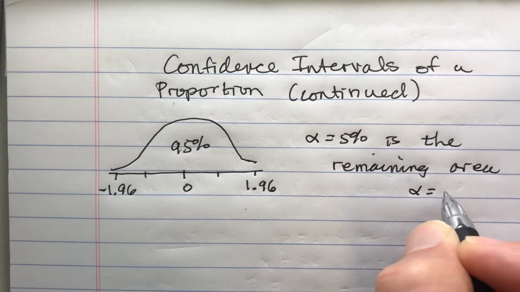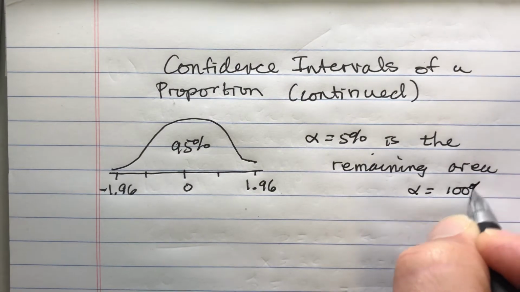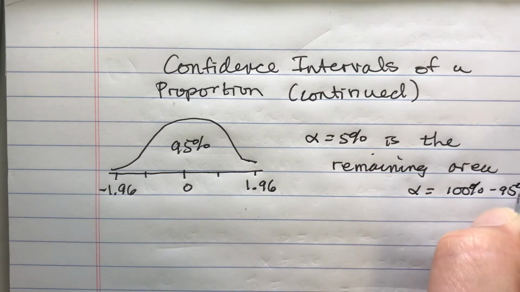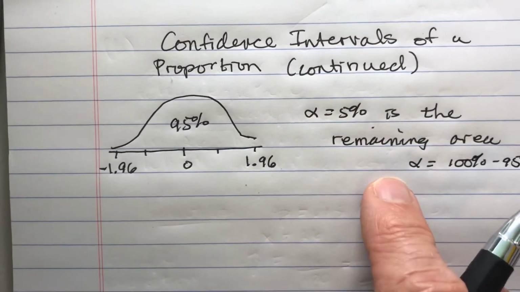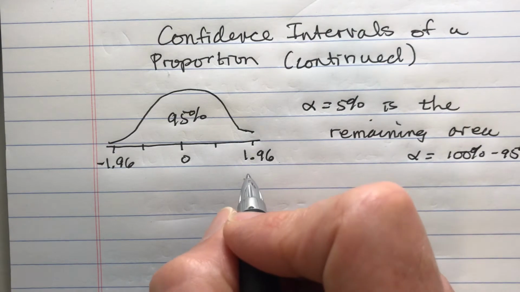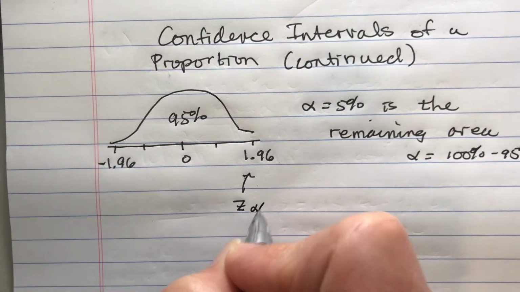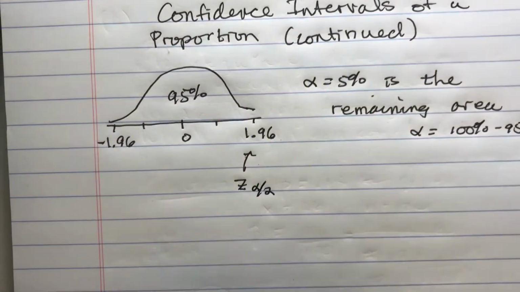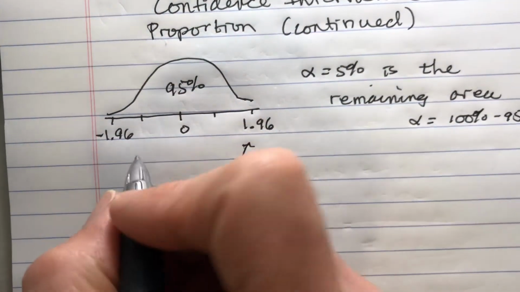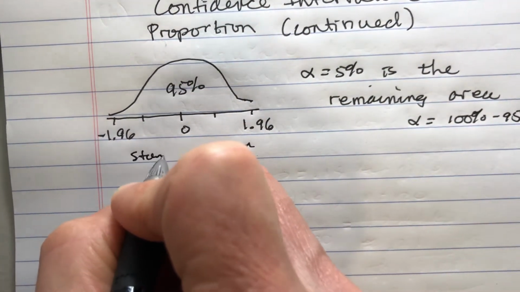So alpha is equal to 100% minus 95%. I just think this is some notation that we have here. And this guy right here is called Z alpha divided by 2, this 1.96. And this whole picture is in standard units.